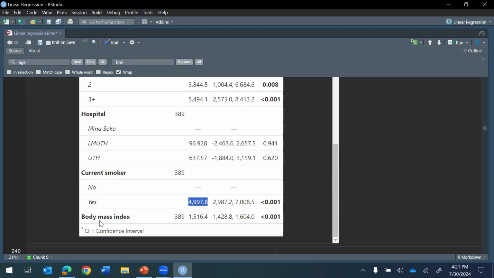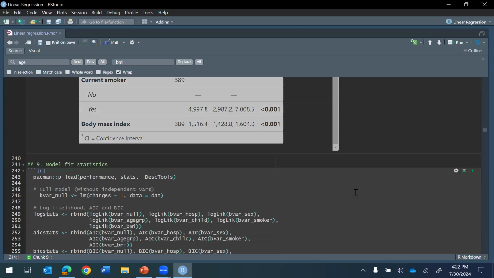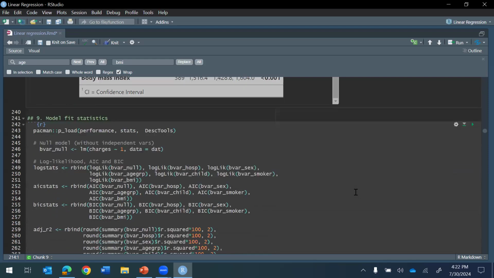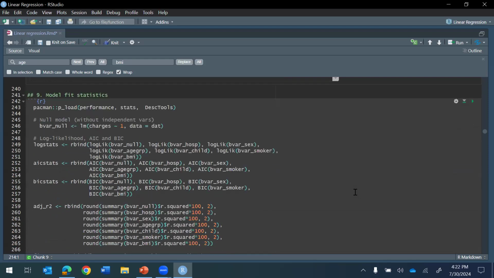And for a 1 unit increase in their BMI, there was an increase in cost of 1,516 kwacha in the year. Remember, these are annual costs that someone incurred. So we are trying to answer the minister's question, and this is the last bit that will help us answer.